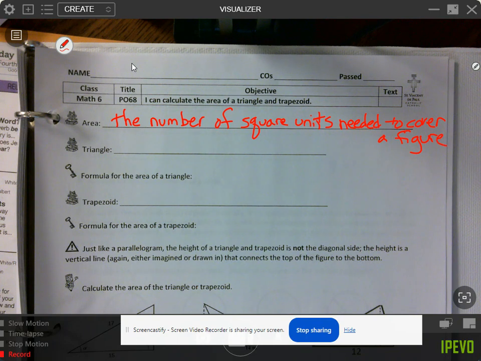Remember that perimeter is the fence going around the outside of our yard. The area is how much grass we need to cover the inside of the yard.